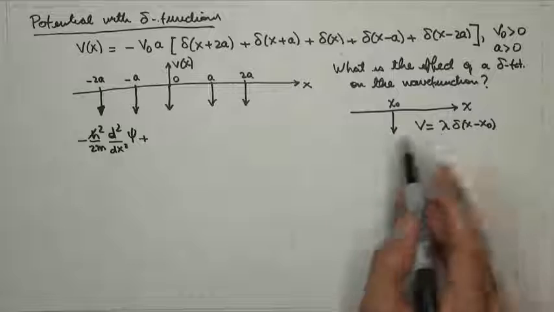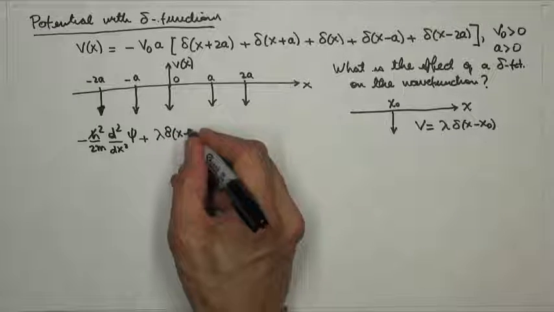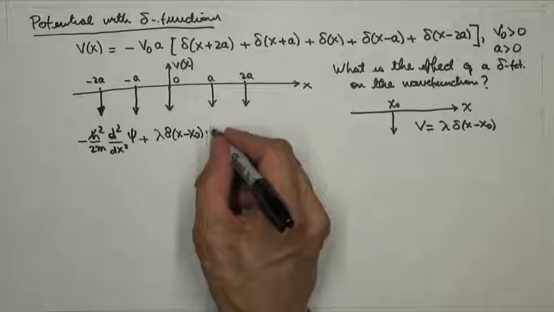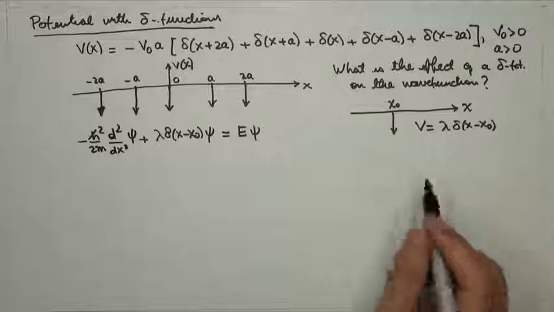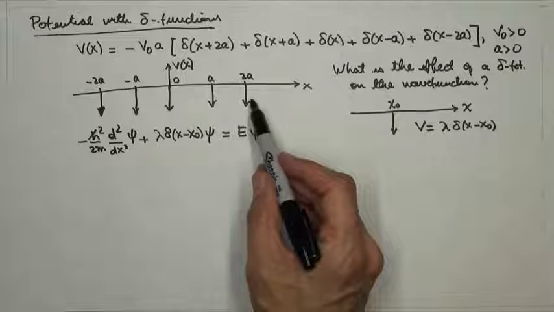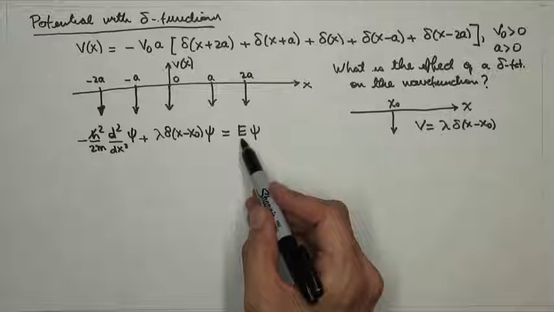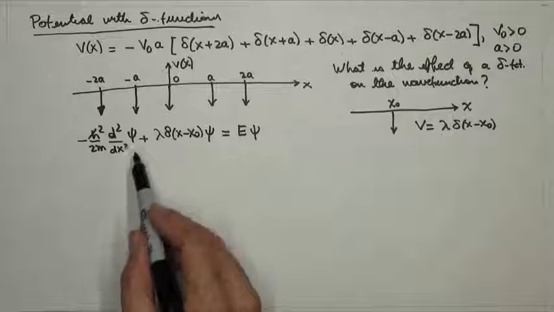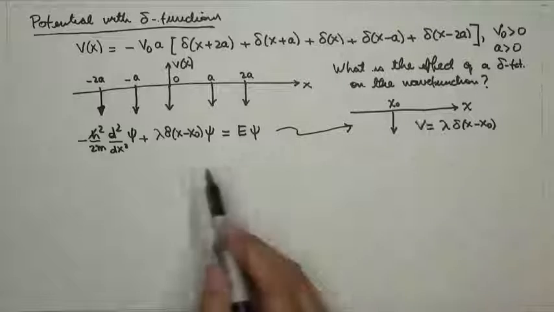So in this region, we can just put lambda delta of x minus x0, the potential, times the wave function, and that should be equal to E times the wave function. And for the problem we're considering here, of course, we expect the energy to be negative, to have a bound state, but here we have our equation corresponding to this problem, just a single delta function.